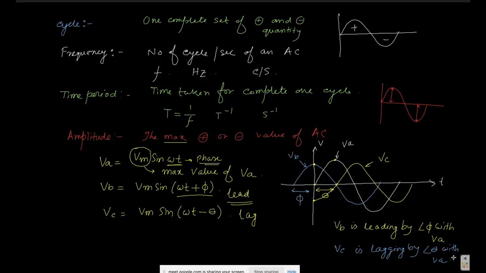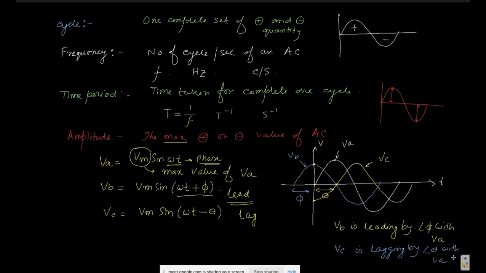Did you get my point? When VA starts increasing, at that time VB reaches the maximum position. That means VB starts before VA, so VB is leading by an angle phi with VA, as VA is the reference quantity. Now if you consider VC, when VA reaches the maximum value, at that time VC starts increasing, so you can say that VC is lagging in nature if you take VA as the reference.